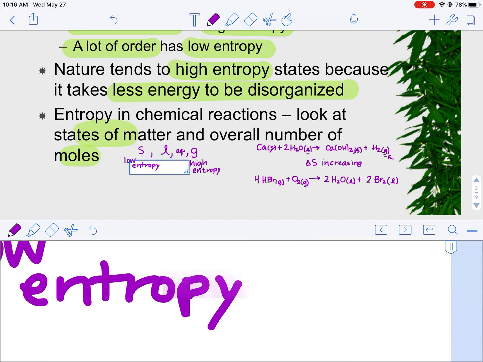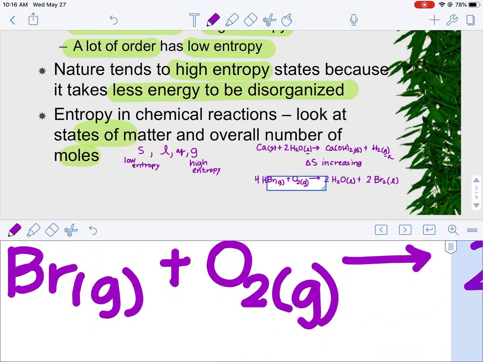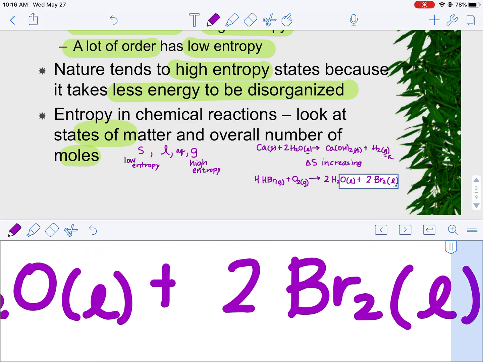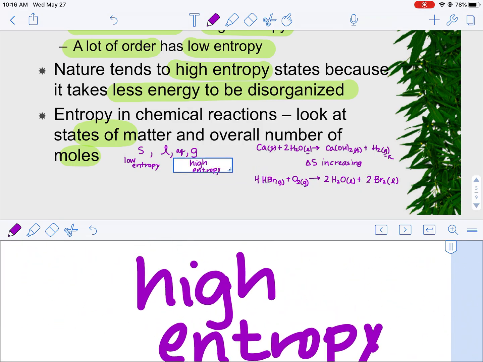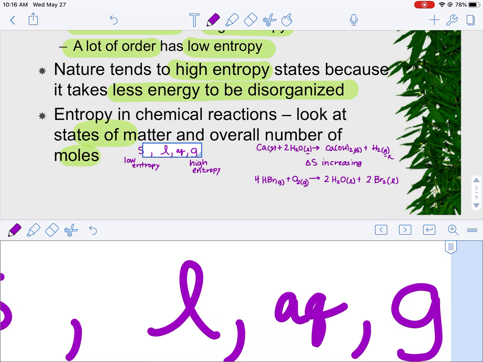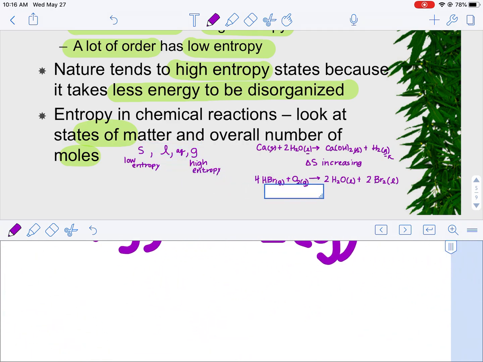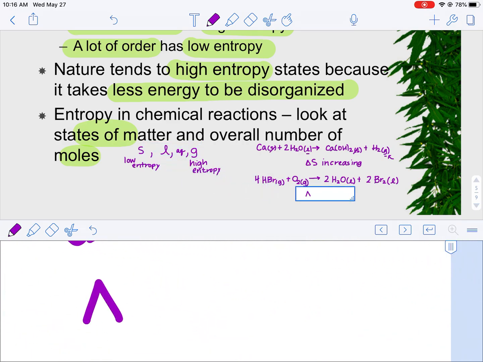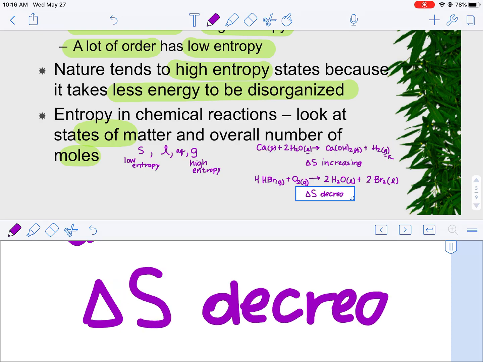Priority, look at the states of matter. We've got gases converting into liquids. Gases are high entropy, liquids are lower. So the overall disorder is decreasing. Our entropy is decreasing because I'm getting more ordered.